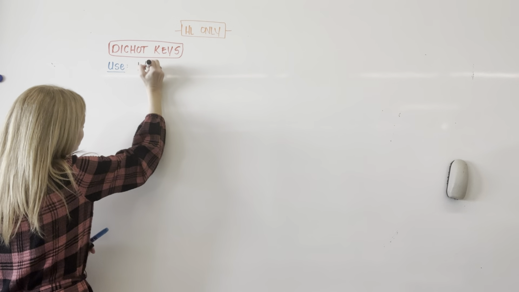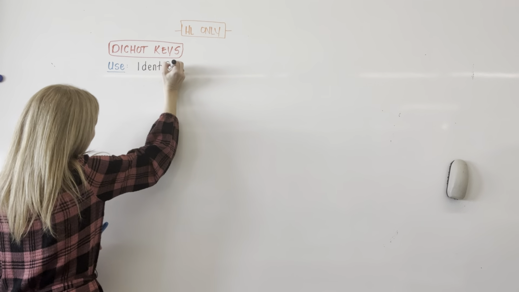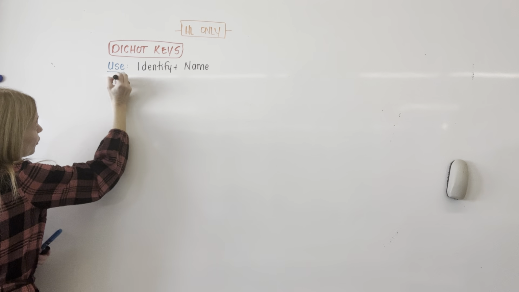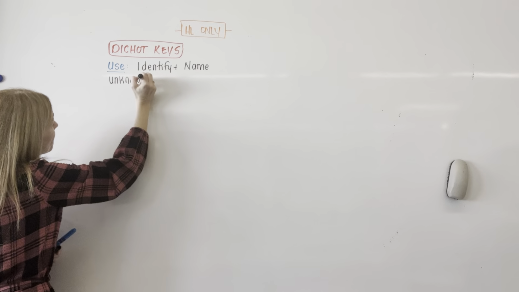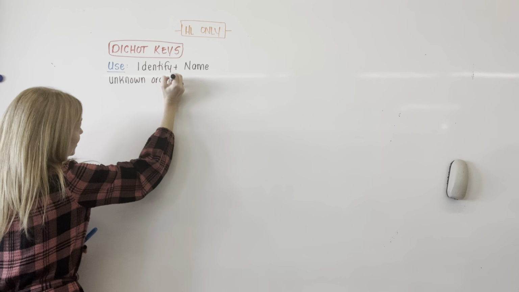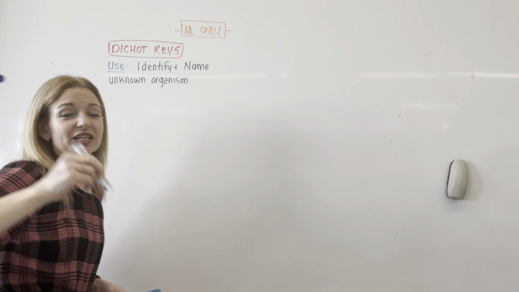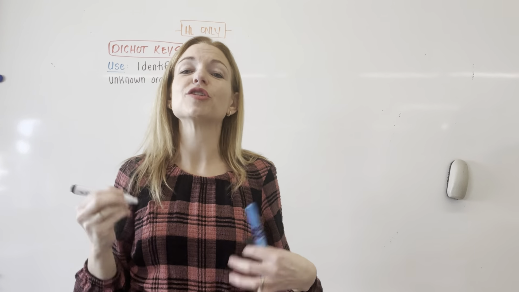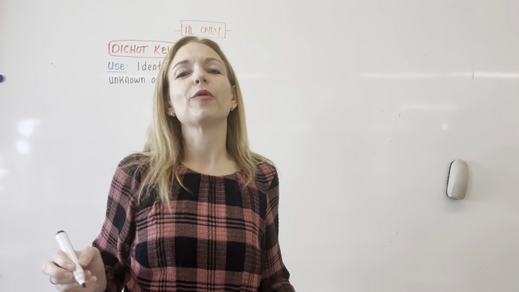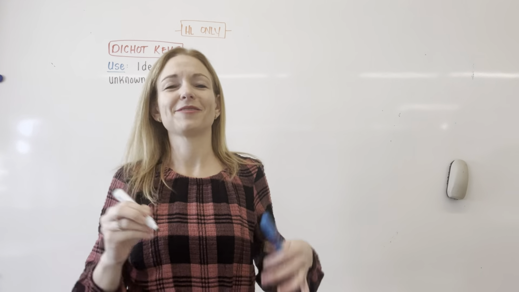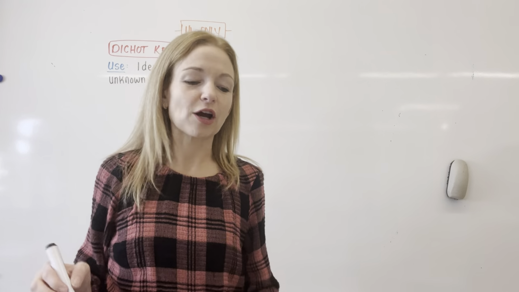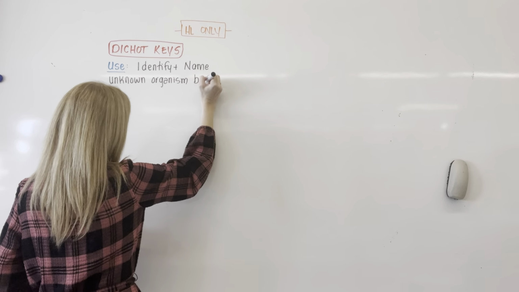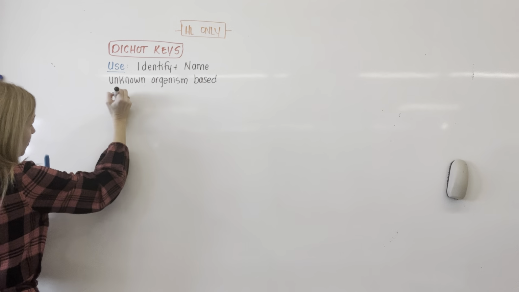So it's to identify and name an unknown organism. And this is where it's a bit tricky because we're going to look at eDNA, which actually does it by its DNA. When we use a dichotomous key, we are doing it based on morphology. So even though we've said morphology is not objective enough, dichotomous keys are using it. So it's to identify and name an organism based on morphology.